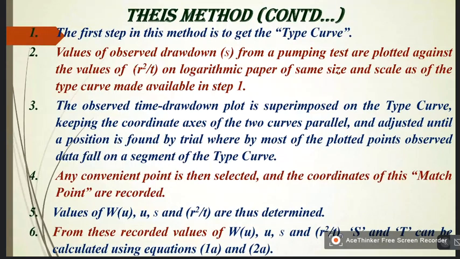Now this method and other methods which we are going to discuss are used to determine the aquifer constants, that means S and T, storage coefficient and transmissivity. So how to determine the storage coefficient and transmissivity for an aquifer, a confined aquifer in the present case?